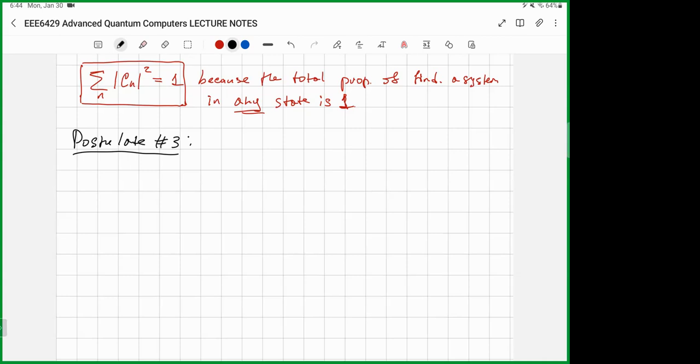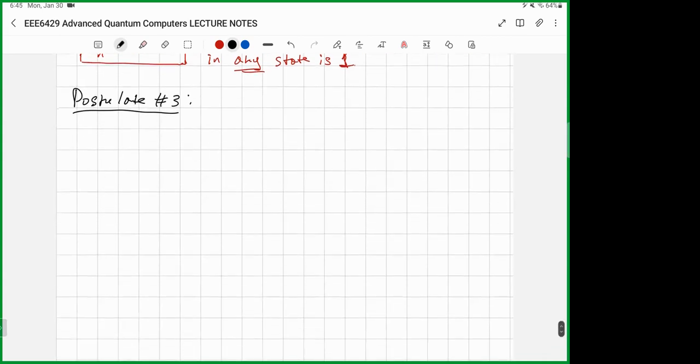So let me write this down. Physical observables are represented by Hermitian operators.